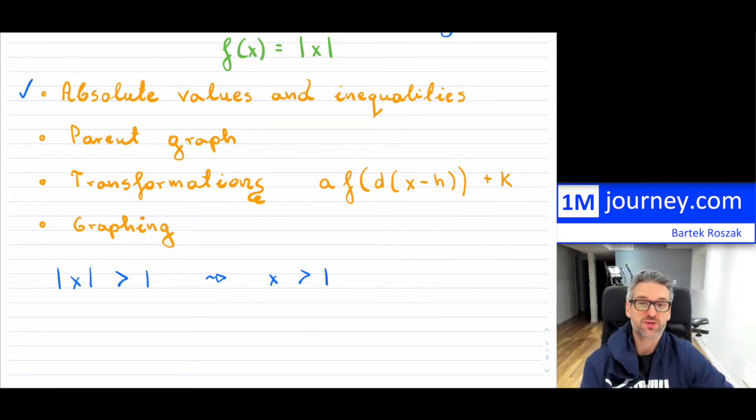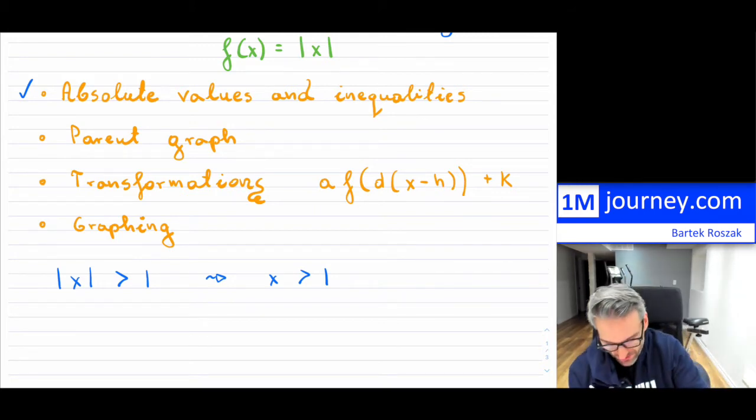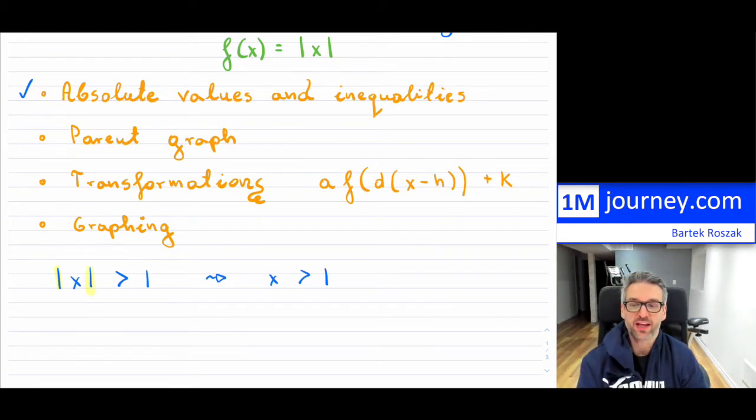If this was simply x greater than 1, it's not a big issue. But because we have the absolute value, that changes things, because if we have a negative value in there, it just takes the positive magnitude. So for instance, -2 still satisfies this inequality because the absolute value of -2 is just 2.